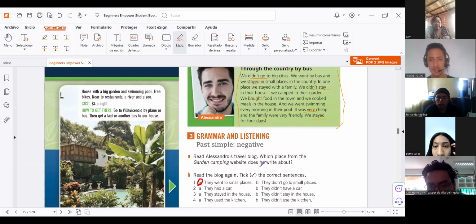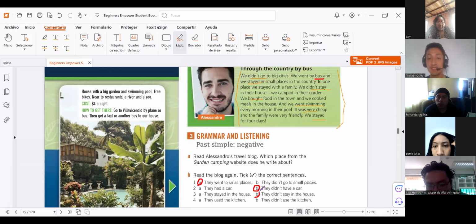Number two, let's carry on. They had a car or they didn't have a car. They didn't have a car. Excellent. They didn't have a car because they traveled by bus. Not by car, by bus. Number three, they stayed in the house or they didn't stay in the house. They didn't stay in the house.